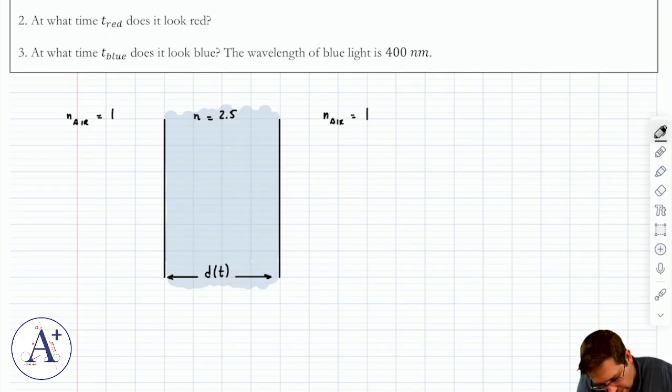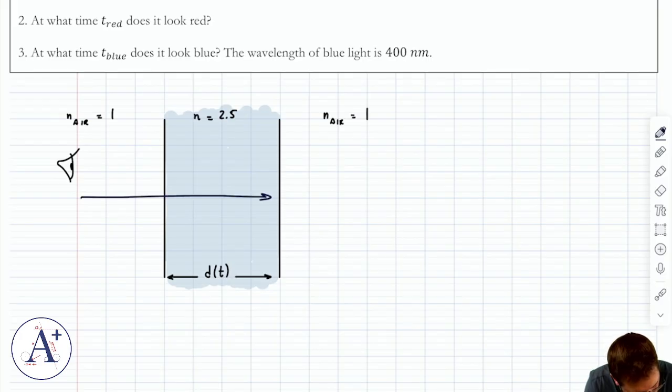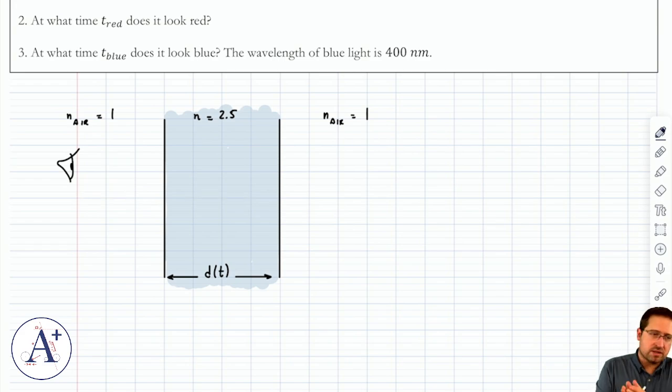Okay, and Louise is over here looking at the film, and I shine light from the left, so I need light to reflect off the front and the back of the film and come back out to reach her eye. Okay, and I know that the light typically comes in like this at quasi-normal incidence. I even think that they tell you that. No, they don't, but they should have. But, okay, instead we're going to draw the light slanted enough so that we can tell what's going on.